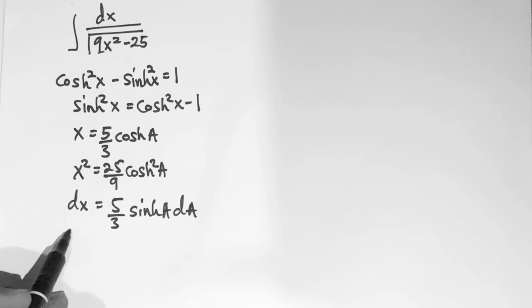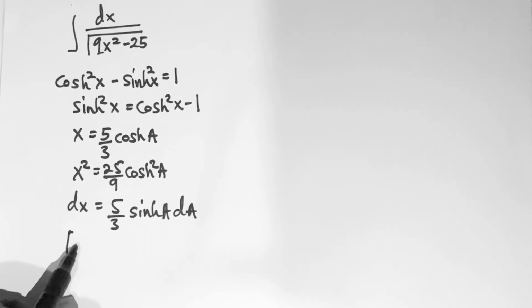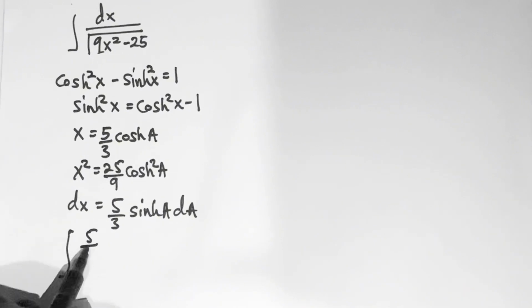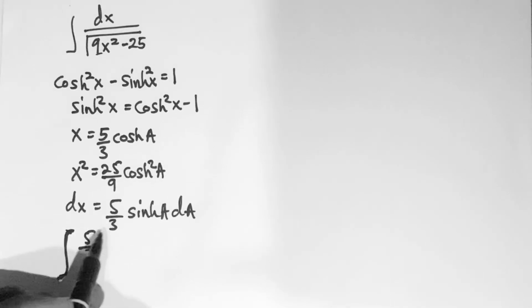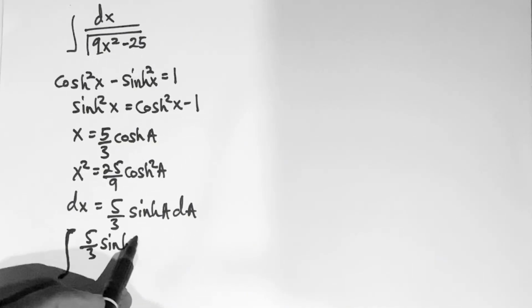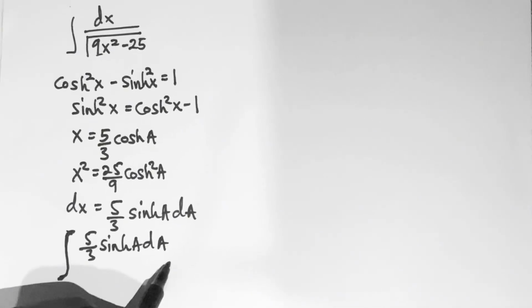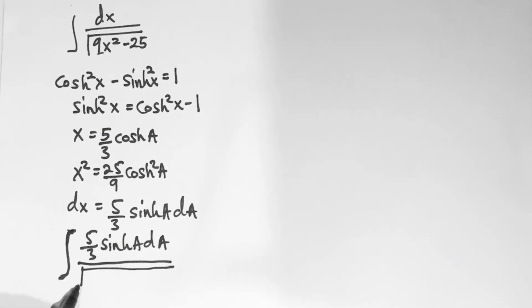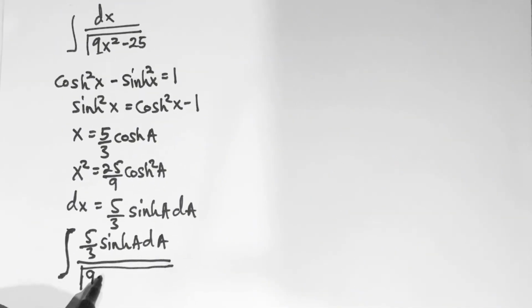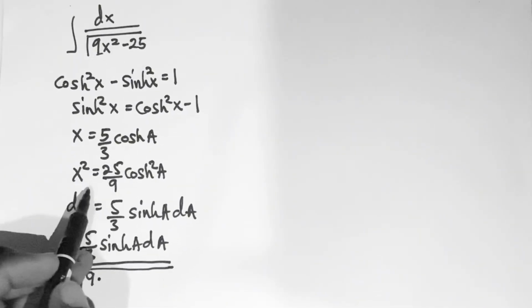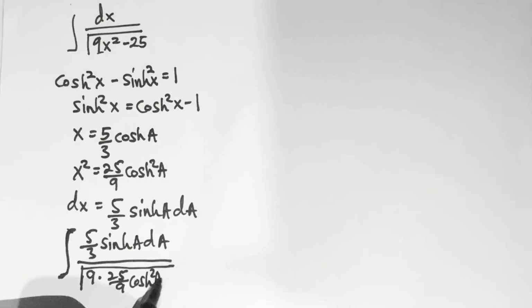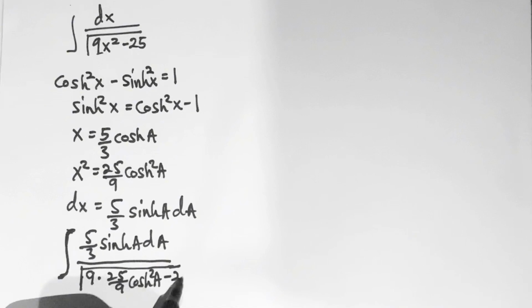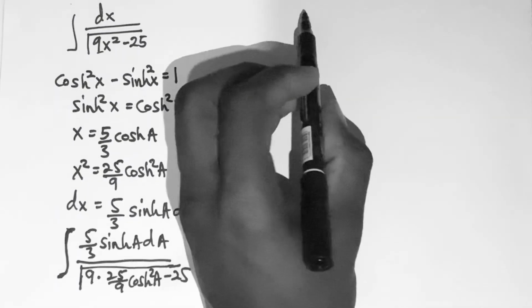And therefore, the integral becomes the integral of, now, dx is 5 over 3 sinh A dA divided by the square root of, now, here is 9 times x squared, but x squared is 25 over 9 cosh squared A. So here is 25 divided by 9 cosh squared A, then minus 25.